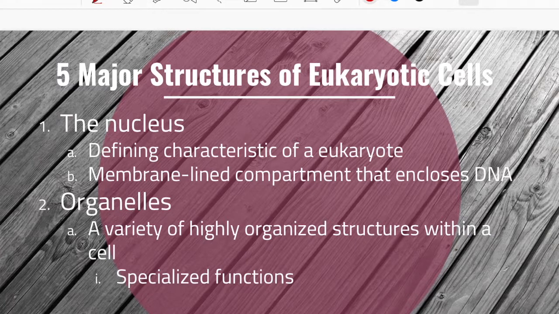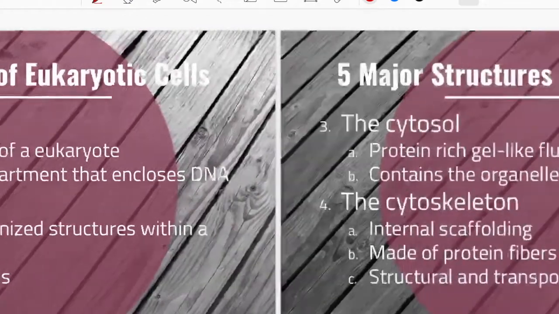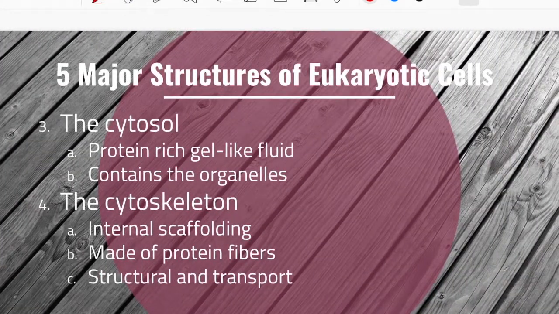Membrane-lined compartment. It helps to enclose the DNA. DNA doesn't leave the nucleus. It stays in there protected. The nucleus produces RNA, and that RNA will go out into the cytoplasm for protein synthesis. Organelles are highly organized structures within the cell. They all have specific functions.